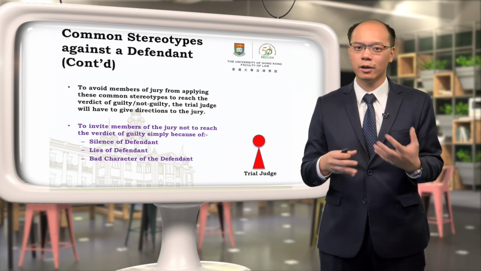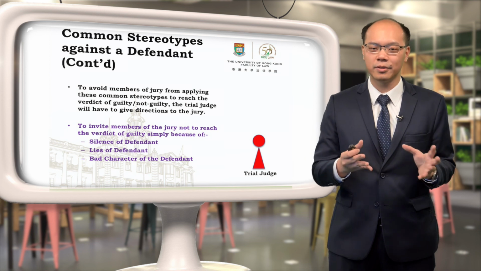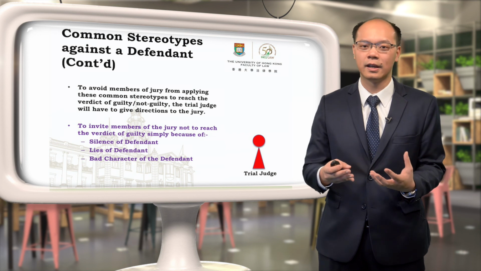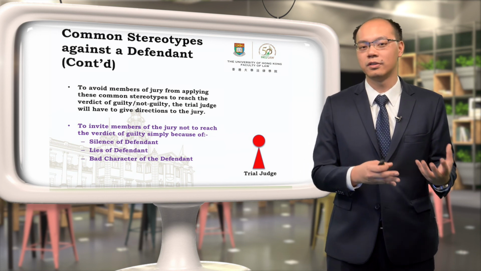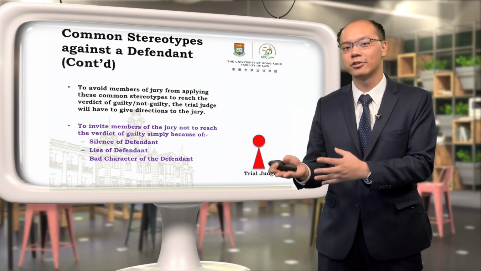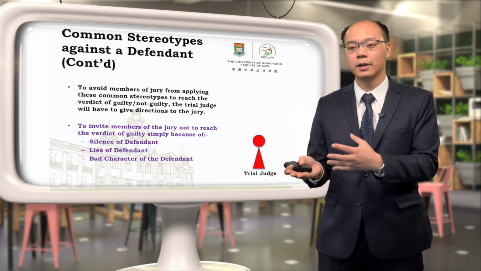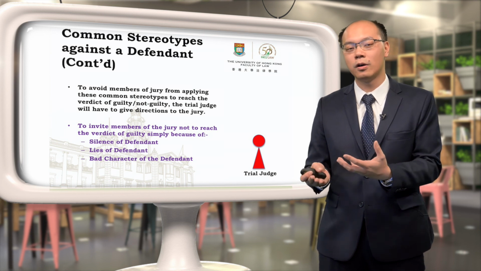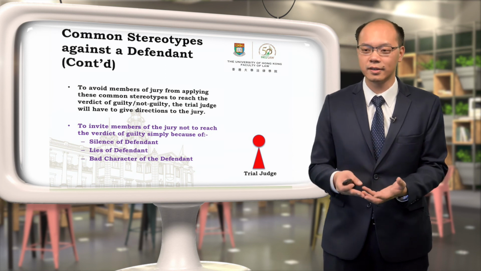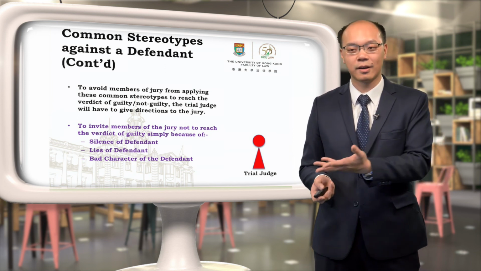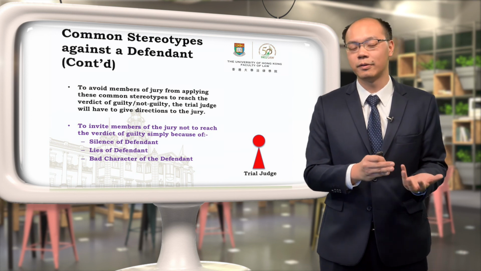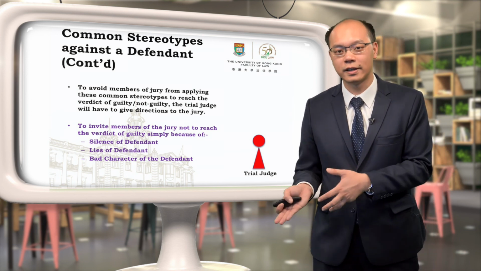So how are we going to prevent members of the jury from applying these, what we call impermissible ways of thinking, in deciding whether the defendant was guilty of a particular offense? Then we'll rely on something called the directions to the jury. So in Hong Kong, we'll have directions given by the trial judge to members of the jury, explaining the concept I've just told you, all right? Just because someone had committed a criminal offense before doesn't mean that he had committed the current offense, right?